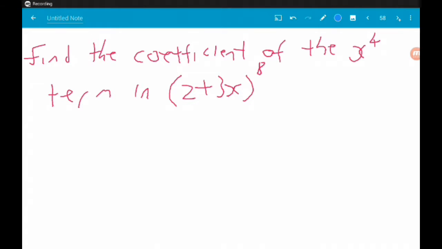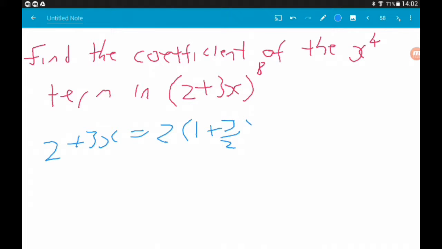Okay, first example then, so we want to find the coefficient of the x to the power 4 term in the expansion of 2 plus 3x to the power of 8. So, let's first of all only worry about 2 plus 3x. So 2 plus 3x can be written as 2 lots of 1 plus 3 halves x, like that.